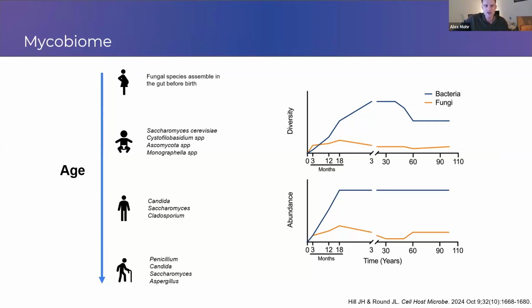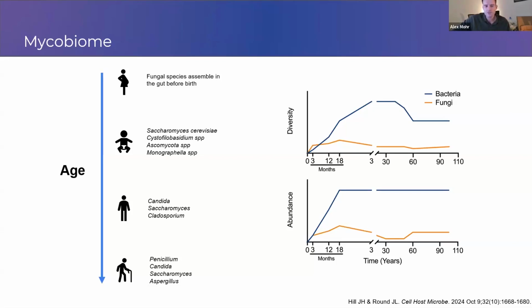However, we're now uncovering that event occurs before birth. So we actually see fungal species start assembling before you're even born, which is pretty amazing. However, really the prime event is occurring right after birth. And this is when the diversity of the microbiome is really starting to increase, as well as the abundance, as we can see there with that line graph to your right.